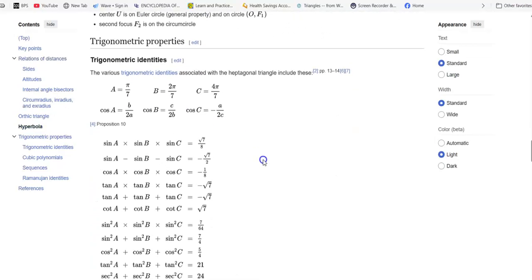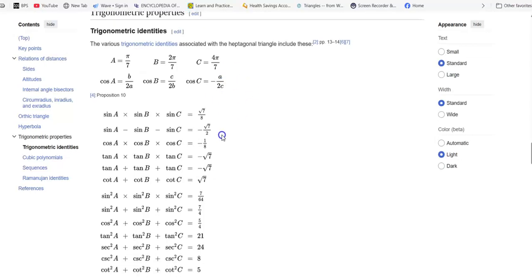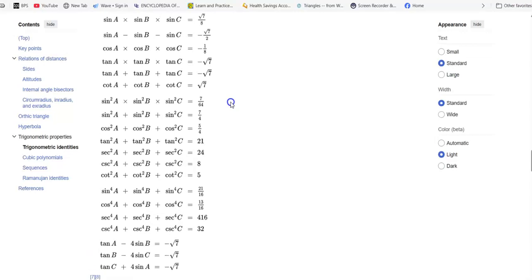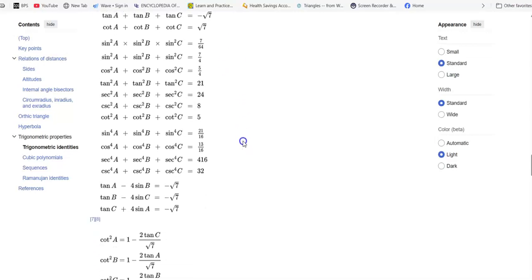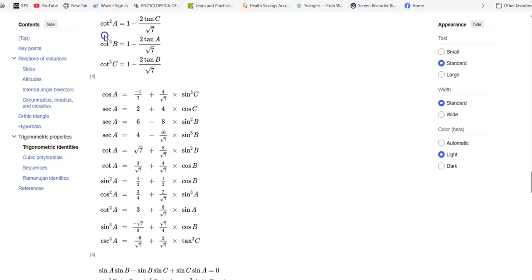I'm also going to prove a bunch of different trigonometric properties, as you can see here. Now the ones below this point with the cotangent squared A, cotangent squared B, and cotangent squared C. A, B, and C, those capital letters, are the angles in order from smallest to largest: pi over 7 radians, 2 pi over 7 radians, 4 pi over 7 radians.